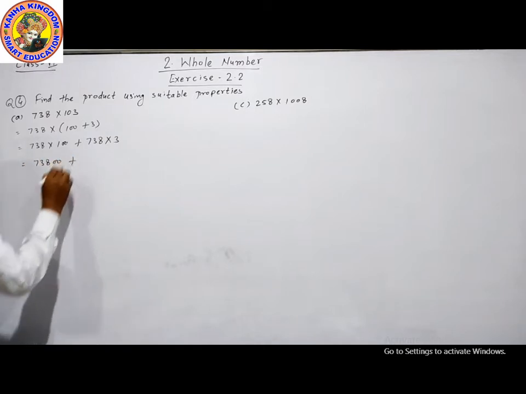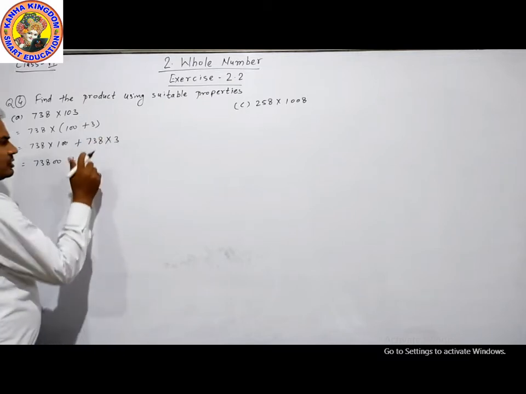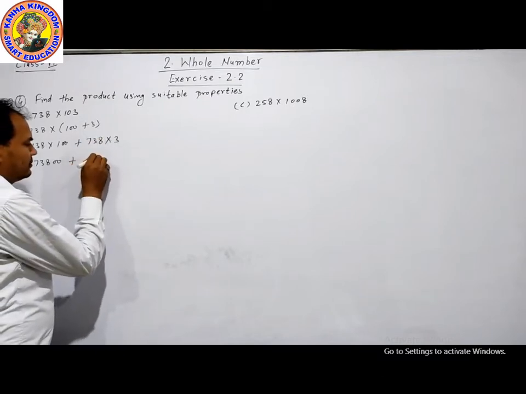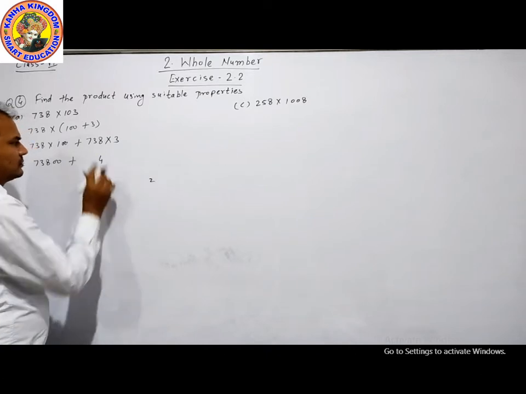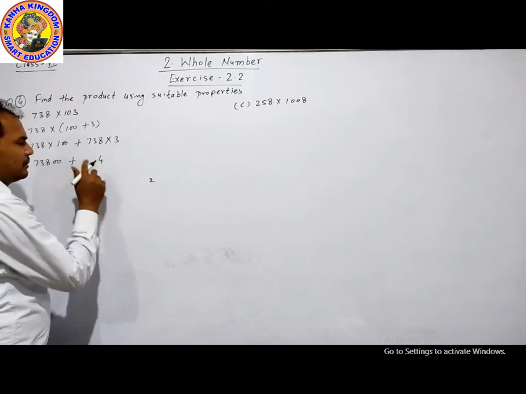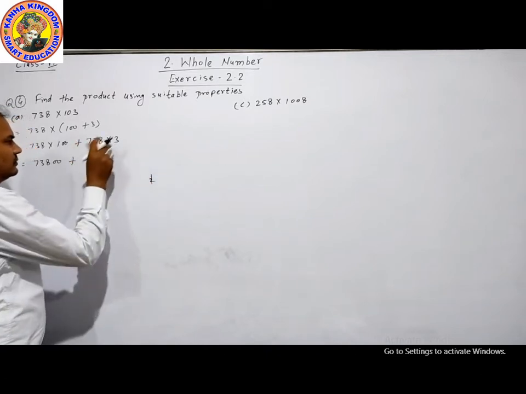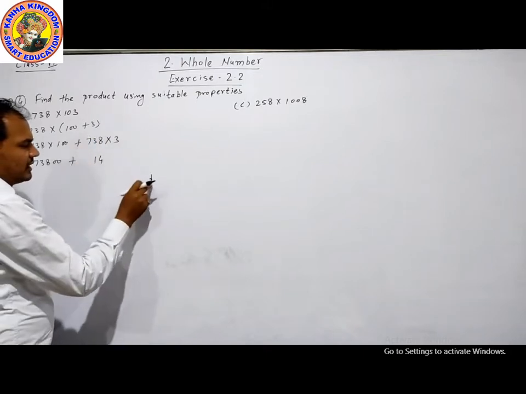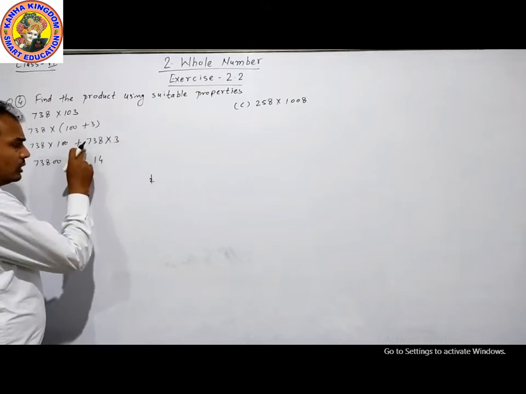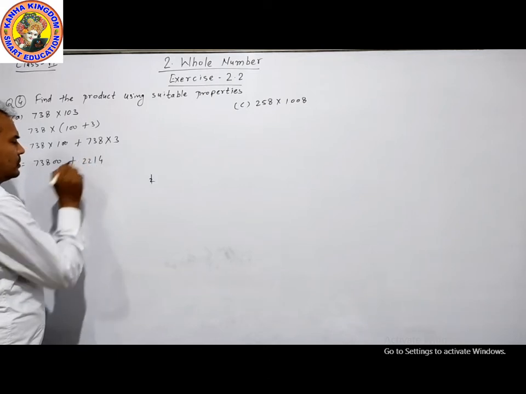73800, then 3 into 8 is 24, 3 into 3 is 9, 9 plus 2 is 11, 3 into 7 is 21, 21 plus 1 is 22.